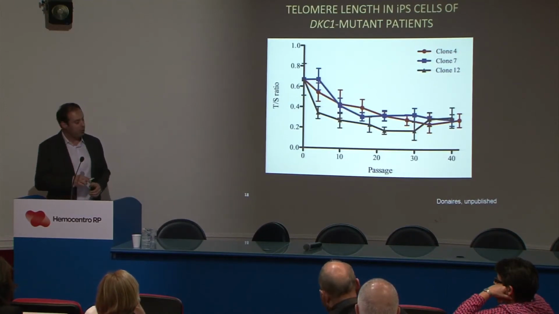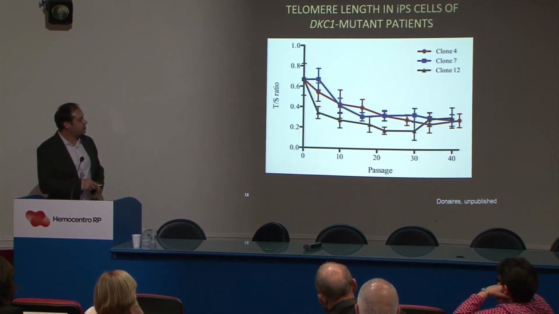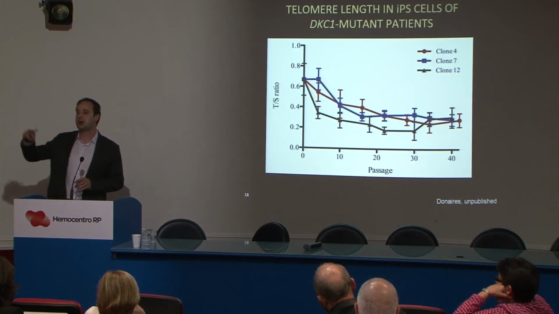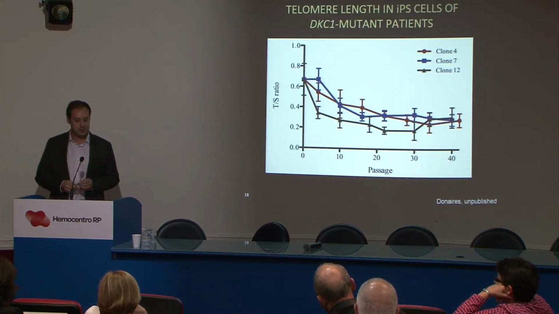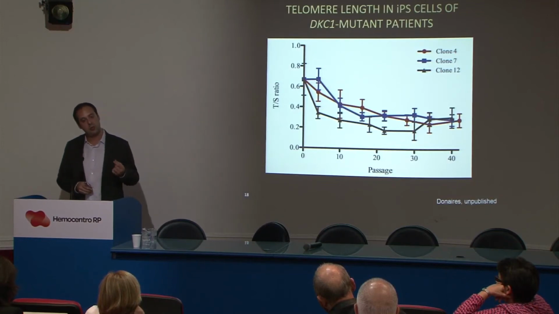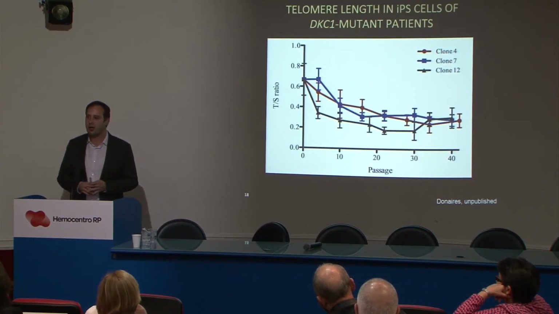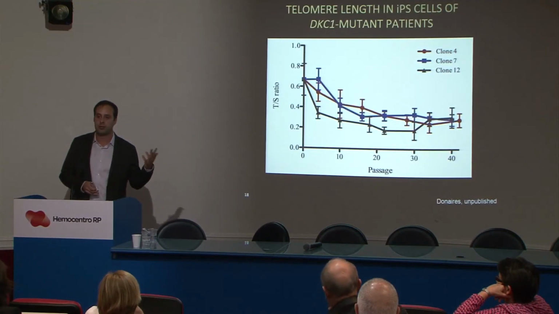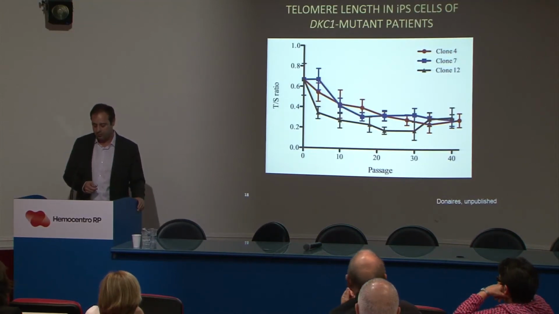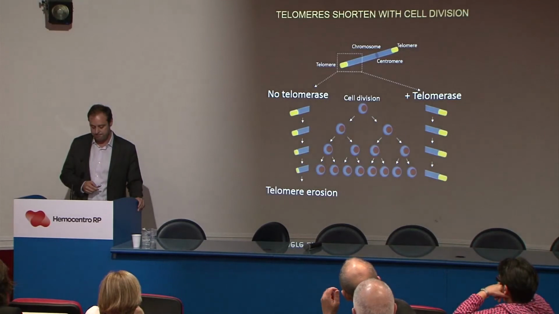Eventually, around passage 15 to 20, when we see the telomere stabilization, we can start seeing telomerase activation. So what she's trying to do now is find the molecular mechanisms activating this late telomerase activation, which are probably not the c-MYC, SOX, or OCT4 mechanisms for telomere elongation.